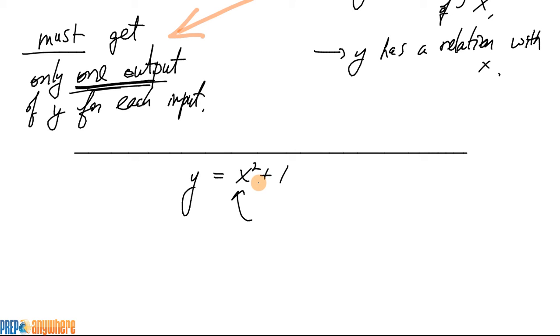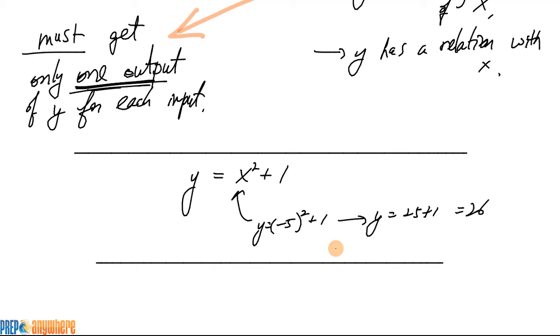If you plug in any number, like 3, 4, negative 5, how many different y's are we going to get for each input? If you plug in negative 5, you get y equal to 25 plus 1. You get 26. So you get 1.